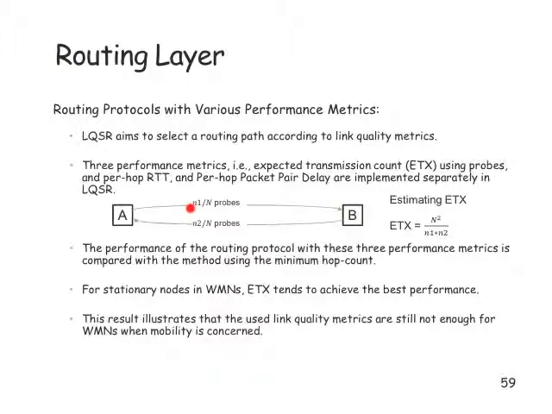So for example, I sent 10 probes, 9 of them reached B. So what is the probability from A to B? What is the probability of success? 9 out of 10. 90%. So when B sent to A, unfortunately, only 8 probes. So the probability is 80%.